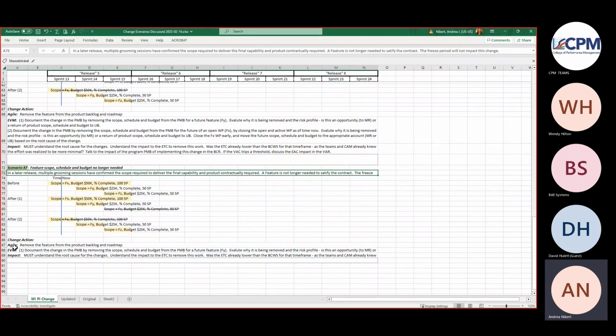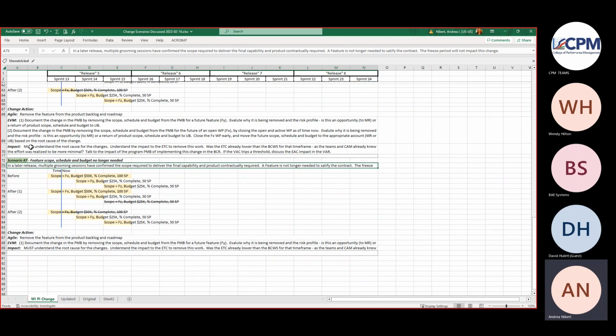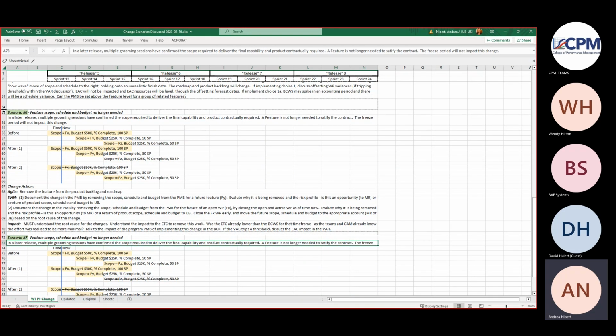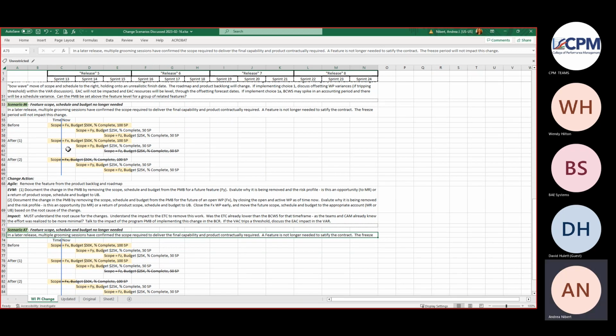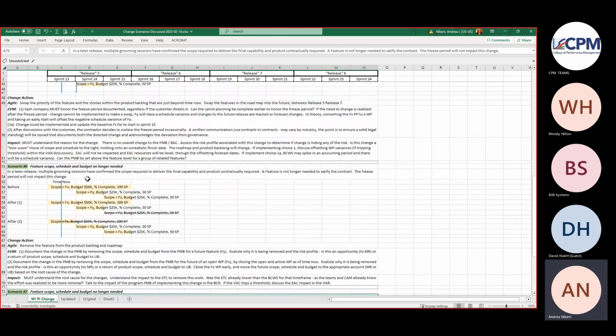So does anybody have any suggestions for the type of change that you are seeing, or a type of change that we want to capture?